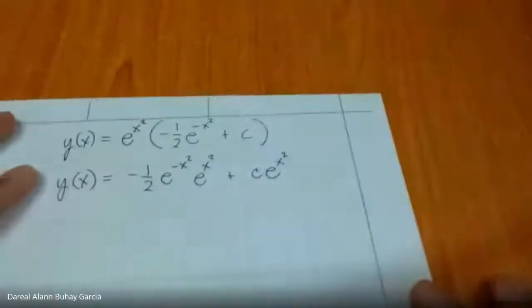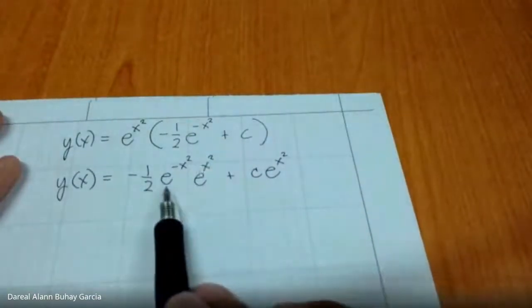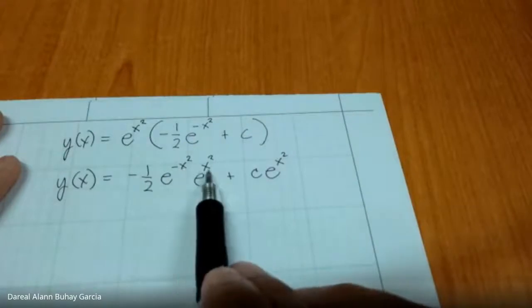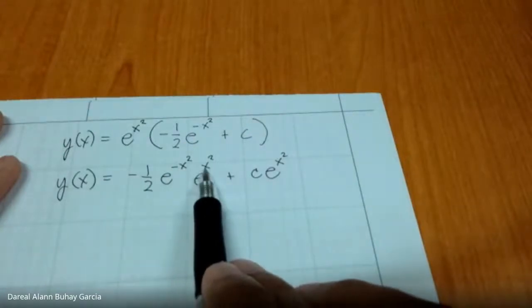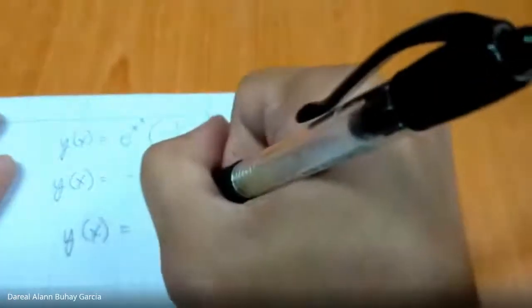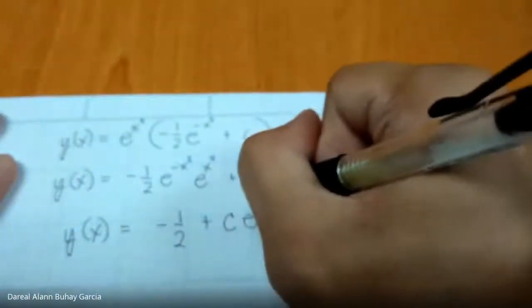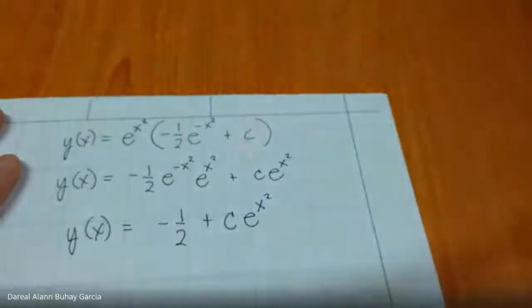So what will happen to this one? E to the power of negative x squared plus x squared is 0. So e to the power of 0 is 1. Okay, very good. So the only thing that's left is negative 1 half plus c e to the power of x squared.